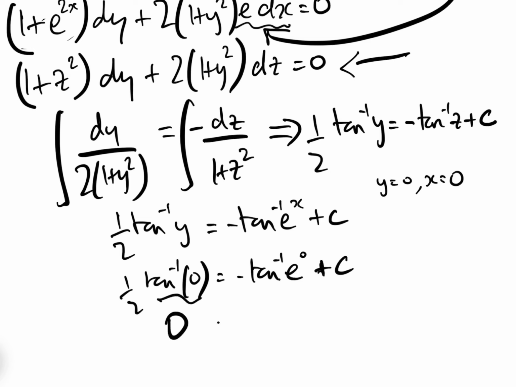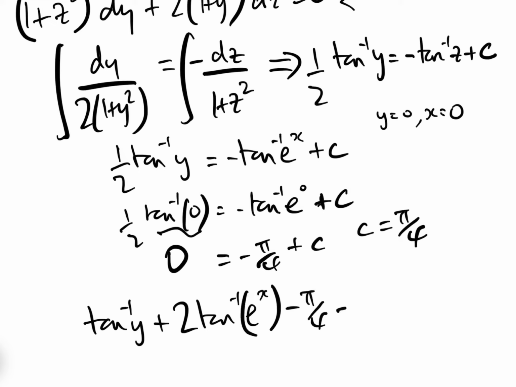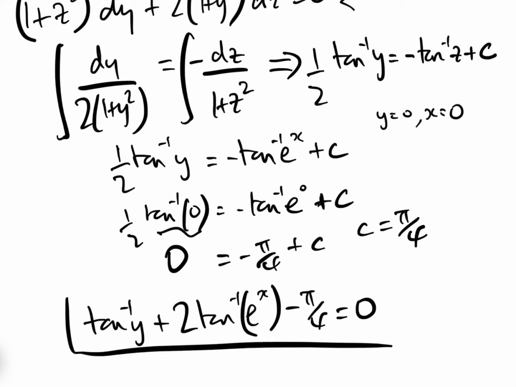Well, tan to the minus 1 of 0 is 0, e to the 0 is 1, and tan to the minus 1 of 1 is pi over 4, so it's minus pi over 4 add c, so c is pi over 4, and therefore we have the equation, which was only part of the question, we have the equation tan to the minus 1 of y add 2 tan to the minus 1 of e to the x minus pi over 4 equals 0, and that basically is the general equation that we need to solve the rest of the question.